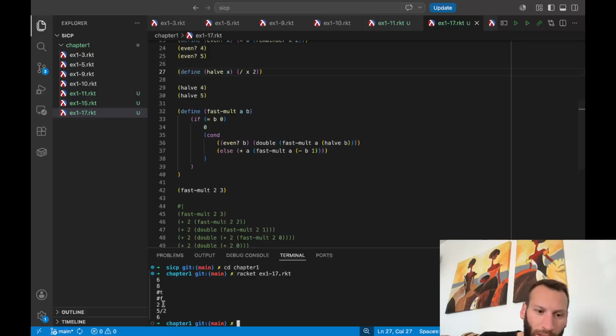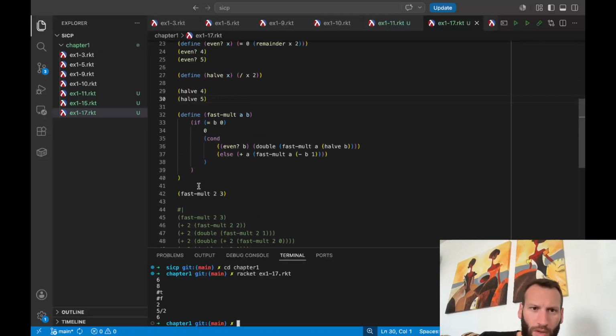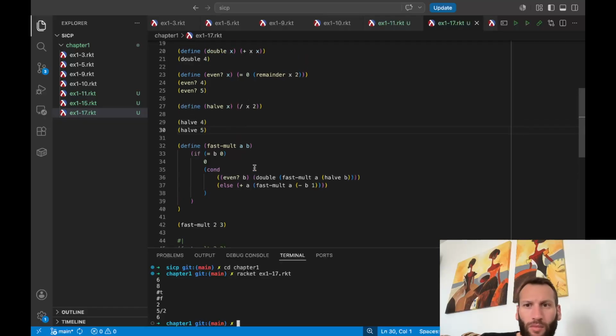As you can see, in the case half of 5, the value returned by the procedure is 5 divided by 2. Okay, this was a very easy one.